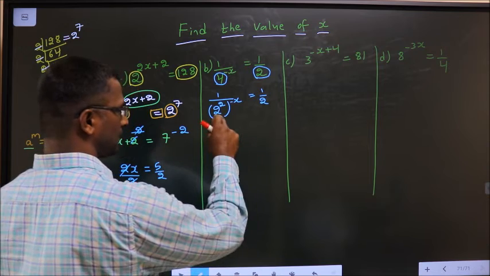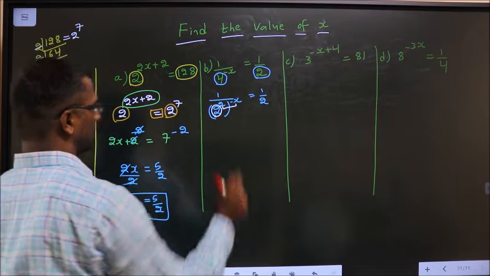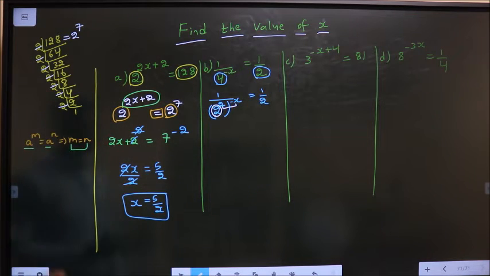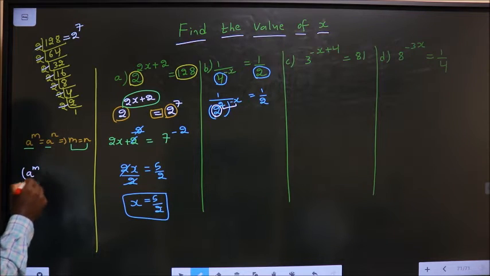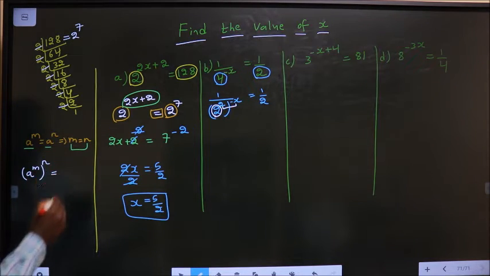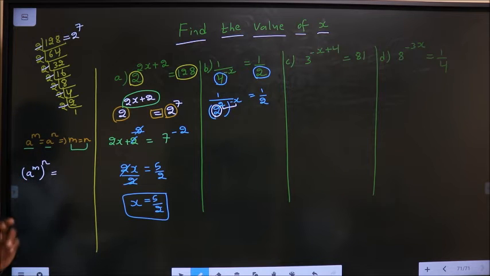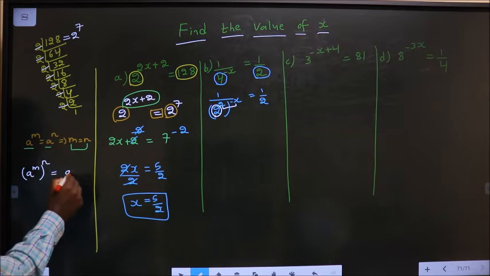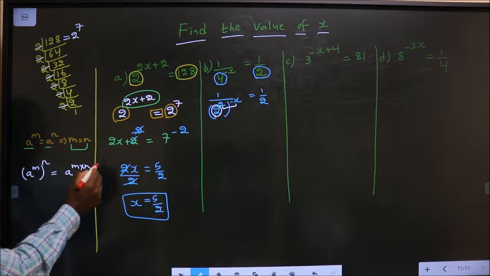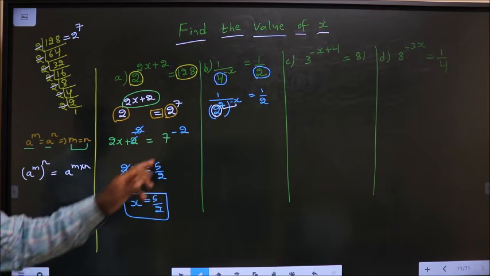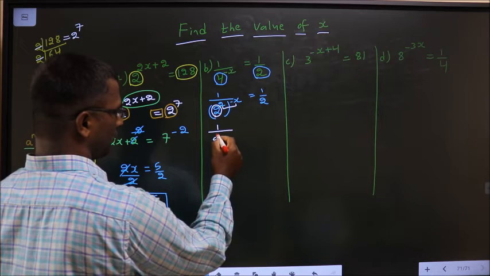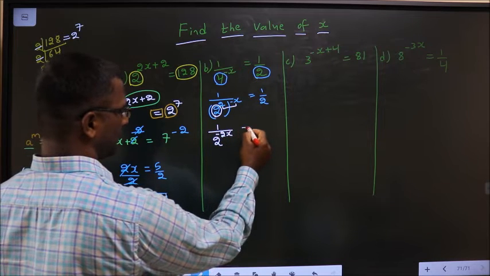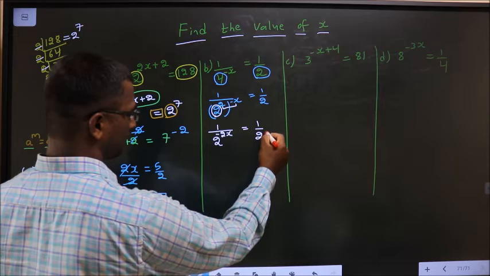Next, your observation is 2 has got multiple powers. So the rule which you should apply is this one. A power m power n. Whenever one base has got multiple powers, the result is multiply the powers. Okay, so here also multiply the powers. What do I get? 1 by 2 power minus 2x I will get equal to 1 by 2.